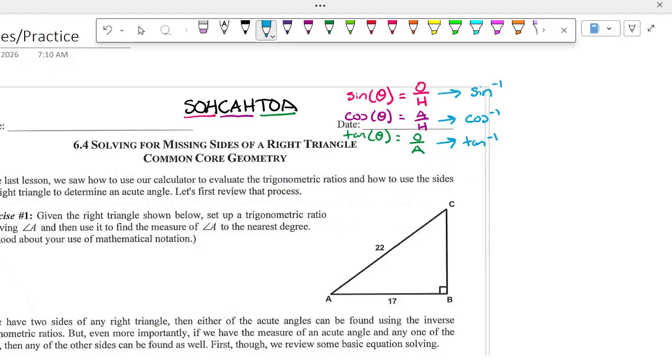So we use it to solve for what? Angles. Good. So that means that if we take the inverse sine of opposite over hypotenuse, we get theta.